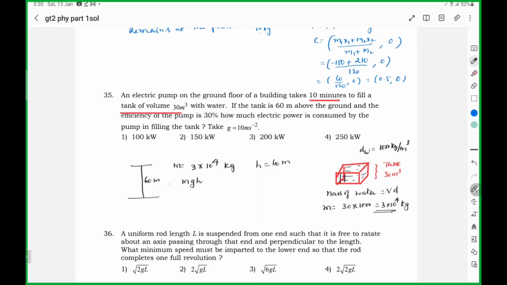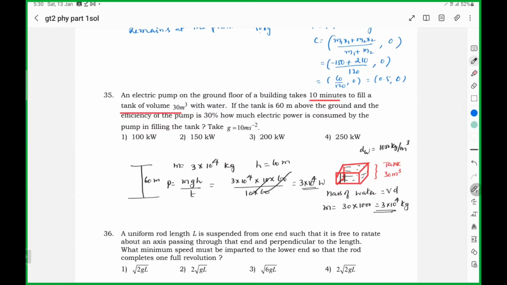So the power which we have to use is the rate of work done. 3 into 10 power 4 into 10 into height 60, and the time given is 10 minutes, so 3 into 10 power 4 watts.